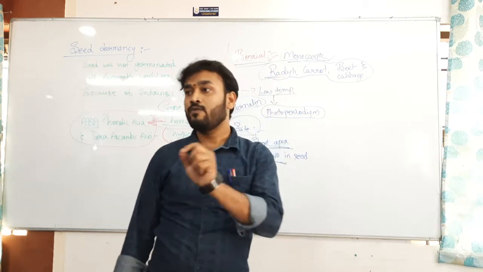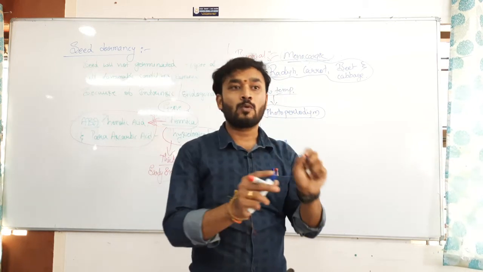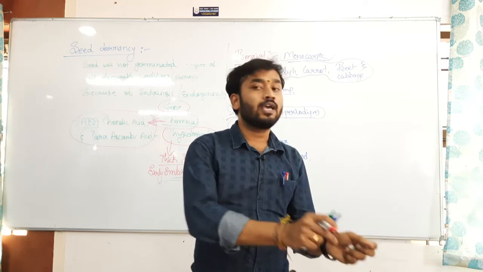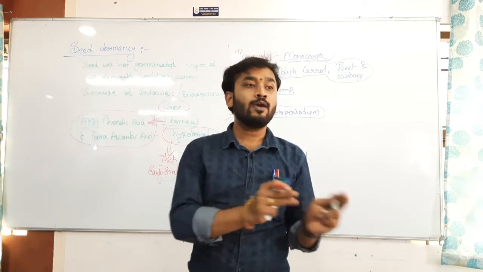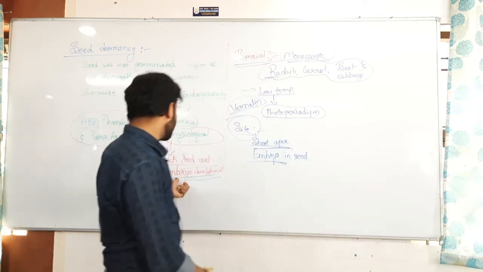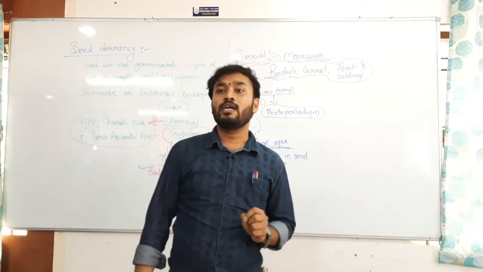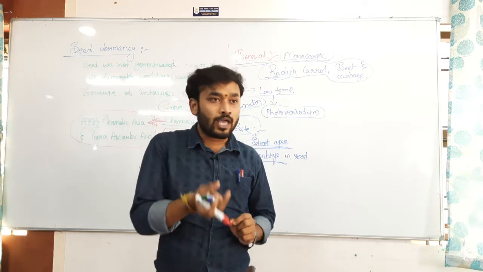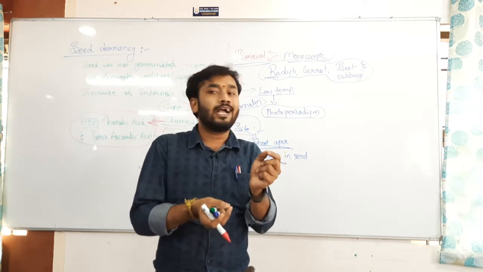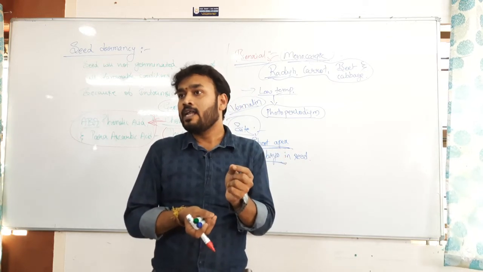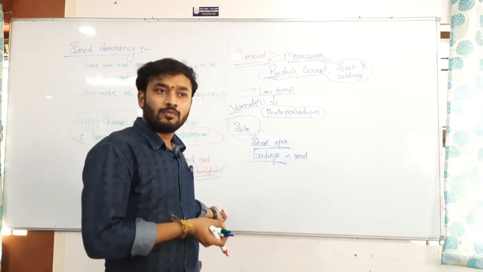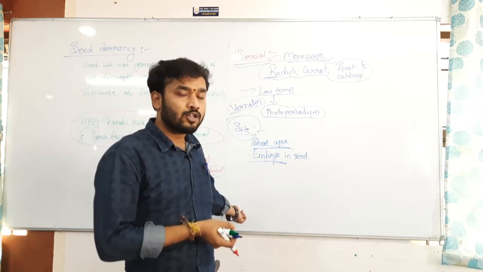That is why we avoid sowing immediately harvested grains. We give a gap period to avoid non-viability of the seeds, because if they are viable they easily give rise to the radicle and plumule. The non-viability is because of an immature, improperly developed embryo. These are all the different conditions.